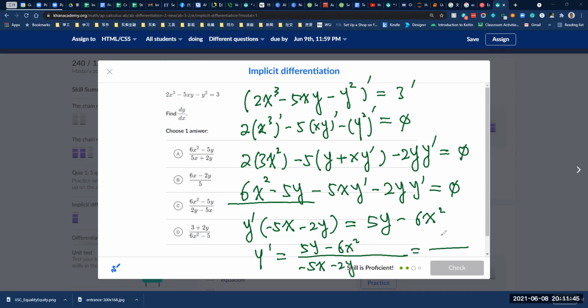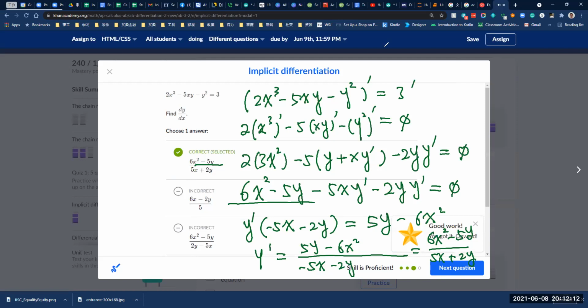So we get 6x squared minus 5y, bottom is 5x plus 2y. So what we have, 5x plus 2y actually is the only one here. And we know the top is 6x squared plus negative 5y. So we got this, got that.